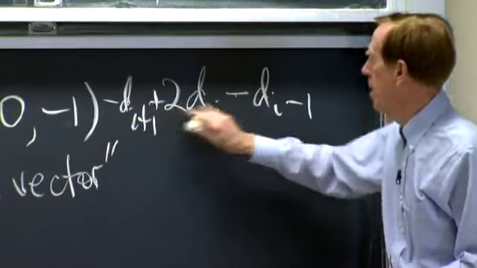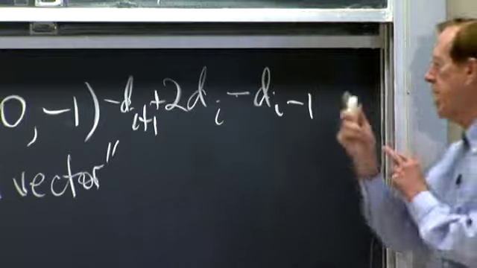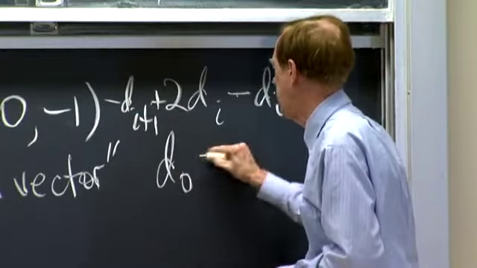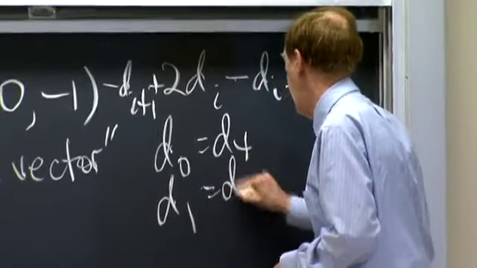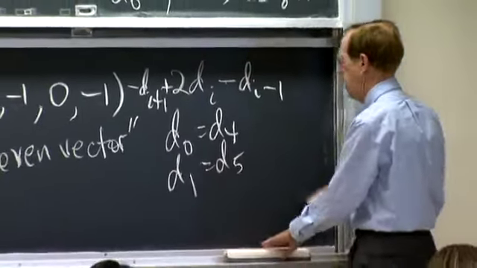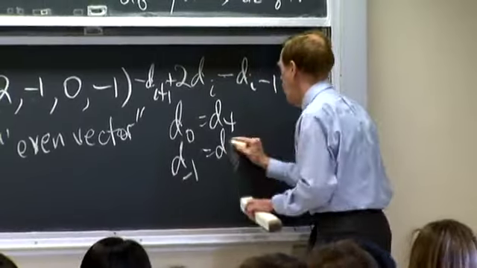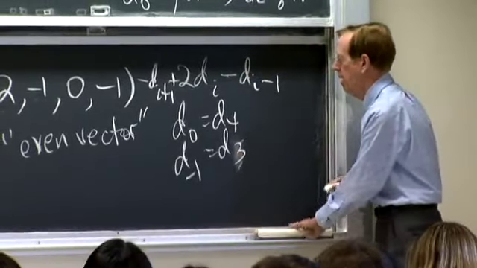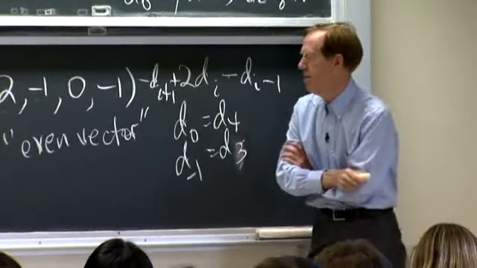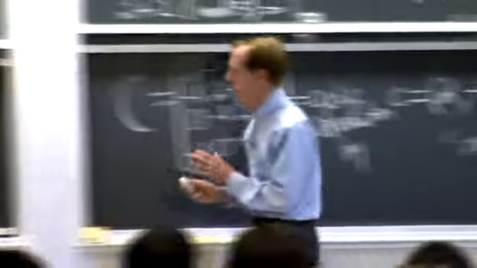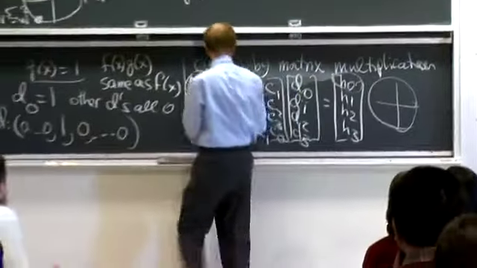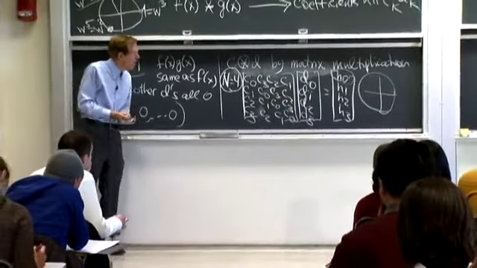So there's a -1, 2, -1, and we're cycling around so that D0 is D4, and D1 is D5, and D-1 is D3, whatever. Okay, I'm just reminding you, we've seen these before. So this is another way to remember the formula.